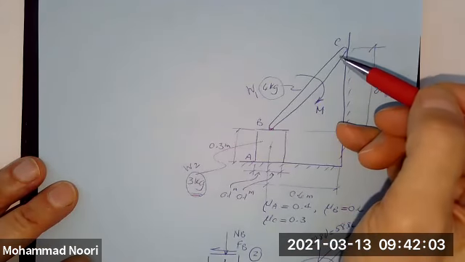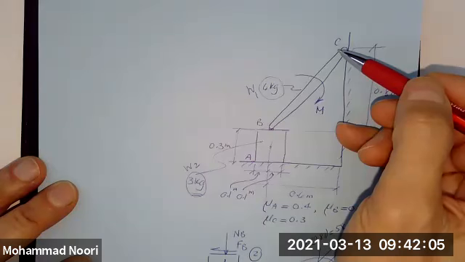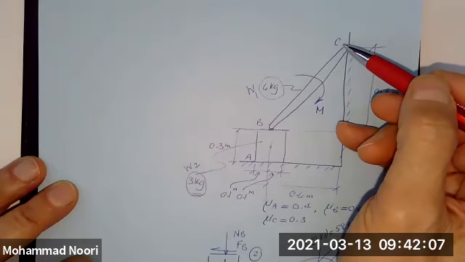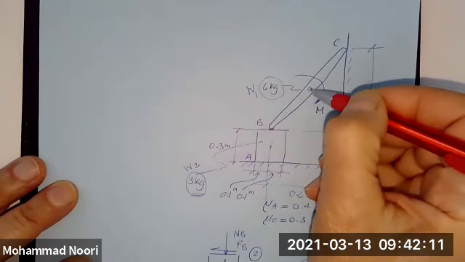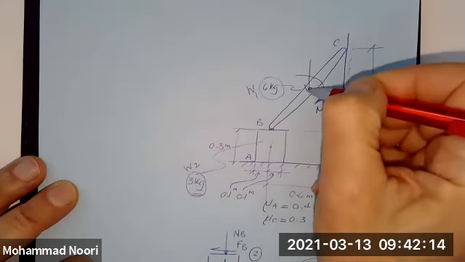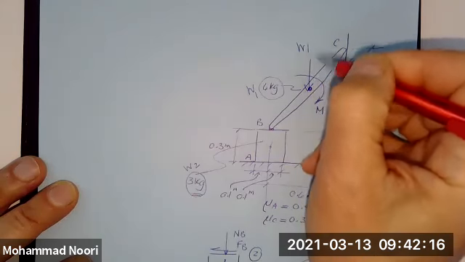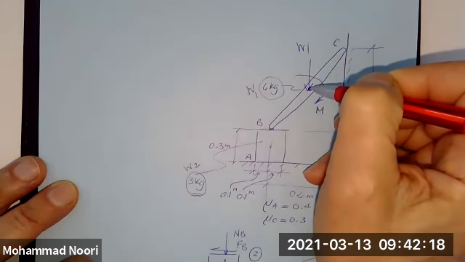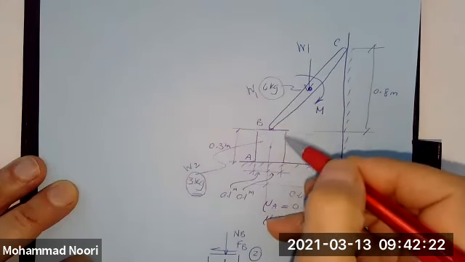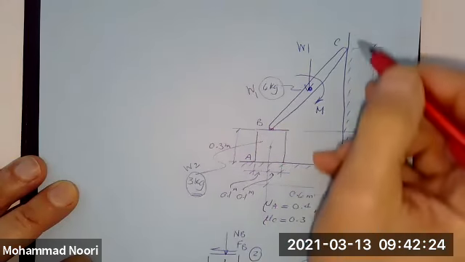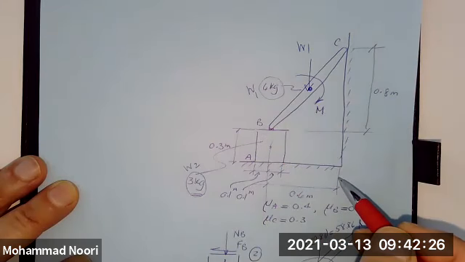This is the problem statement. You do have a slender rod that has a weight, and the weight obviously acts in the middle of it. It's sitting on this side on a block, and on this side is laying against this wall.